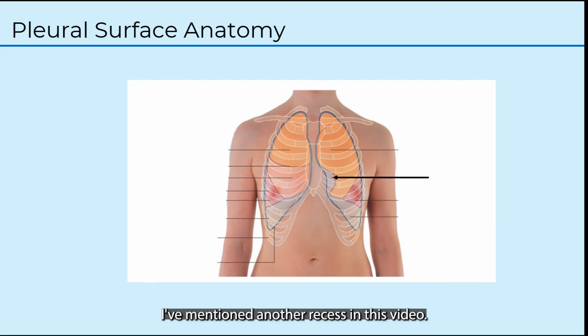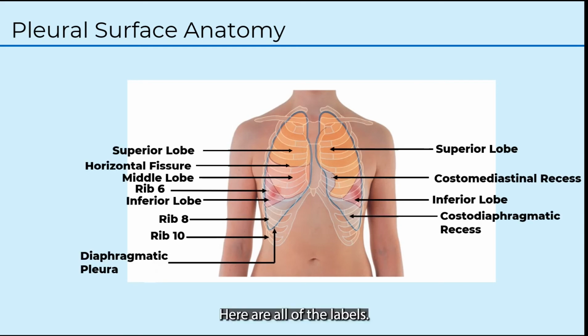I've mentioned another recess in this video. Recall that name for this label. This is the costomediastinal recess. Here are all of the labels. You can screenshot this image for your notes.